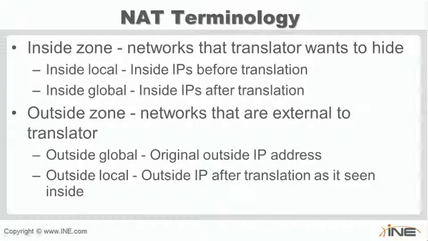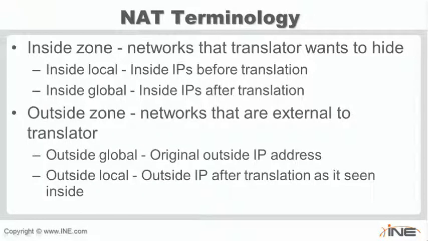Now, part of the problem with the NAT configuration comes in from a confusion of how the terminology is used, the difference between the inside addresses and the outside addresses, and the global versus the local values. Now, the inside local and global addresses, those are used to denote the networks that we are trying to translate, where the inside local is what we are translating from, and inside global is what we are translating to.